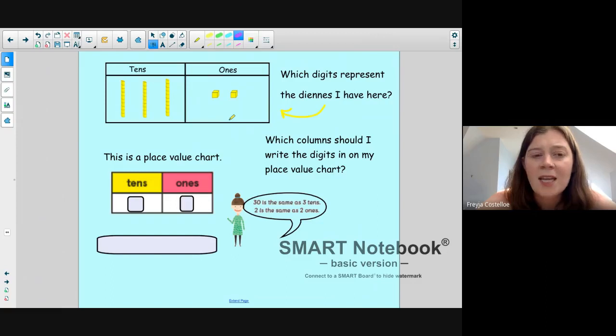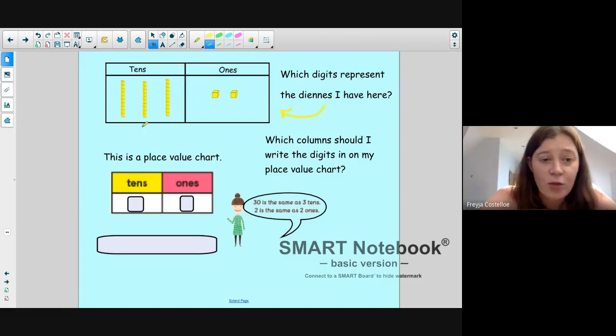Remember, a digit is a number that is showing us the amount. So how many tens do I have here? I've got 3 tens, don't I? 3 sticks of 10. And how many ones do I have?